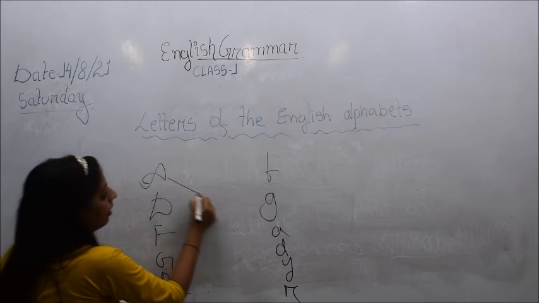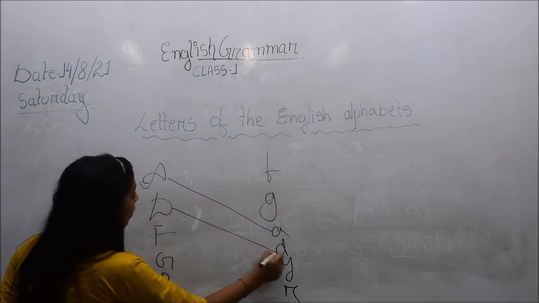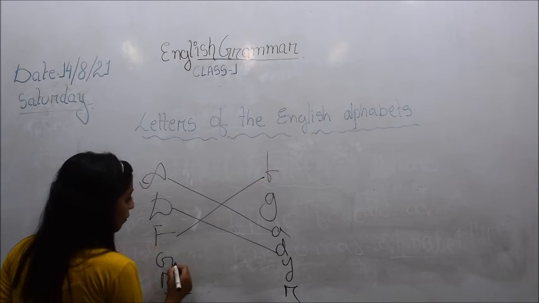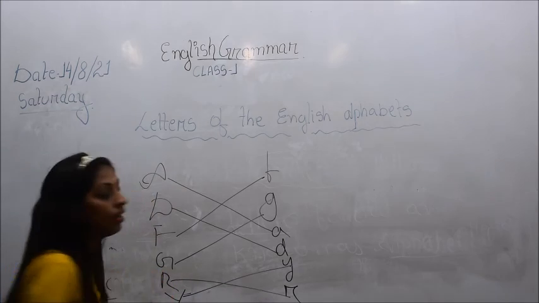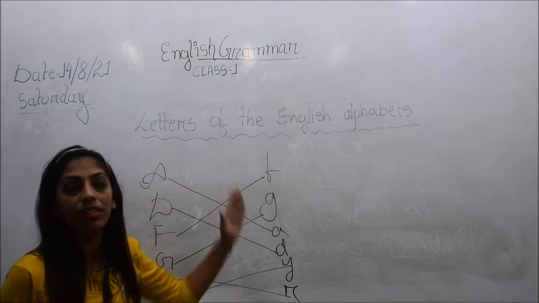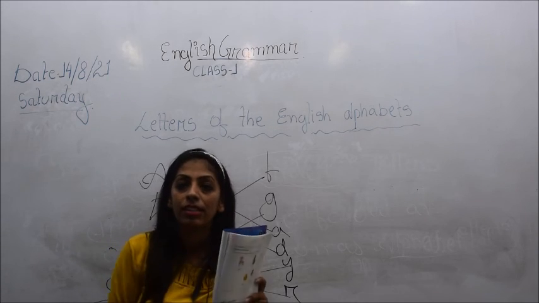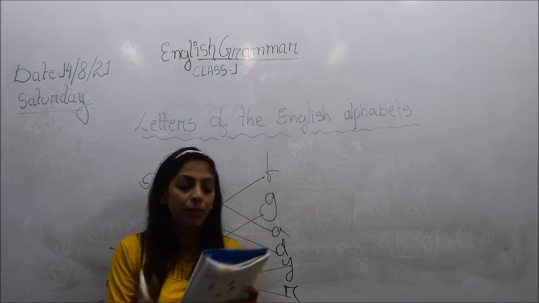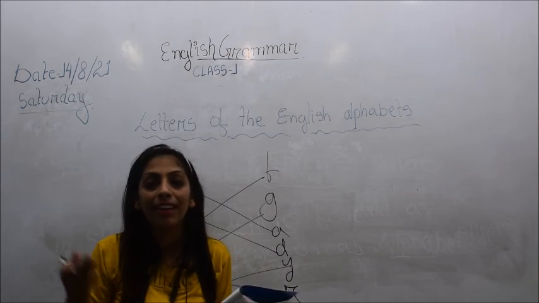A, this is the small letter, and for D, this is the lowercase. Here is the F, then comes G, then R, then Y. Children, I have drawn this just for your better understanding. I will be giving all these exercises in the form of PDF, and you will have to do it there, but now just try to understand the things.